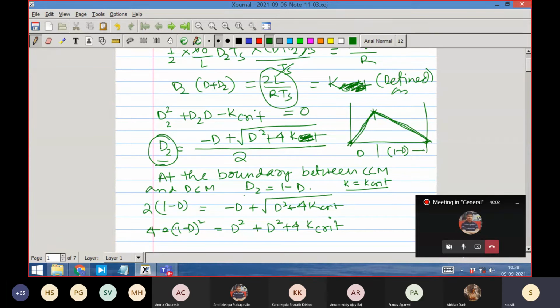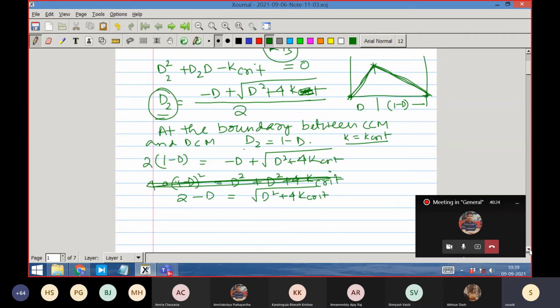Oh, sorry, I will not do it this way. One minute. I will bring it here. So 2 minus 2D, and this D comes here. 2 minus D is equal to the square root of D square plus 4 K crit. Now I square it.